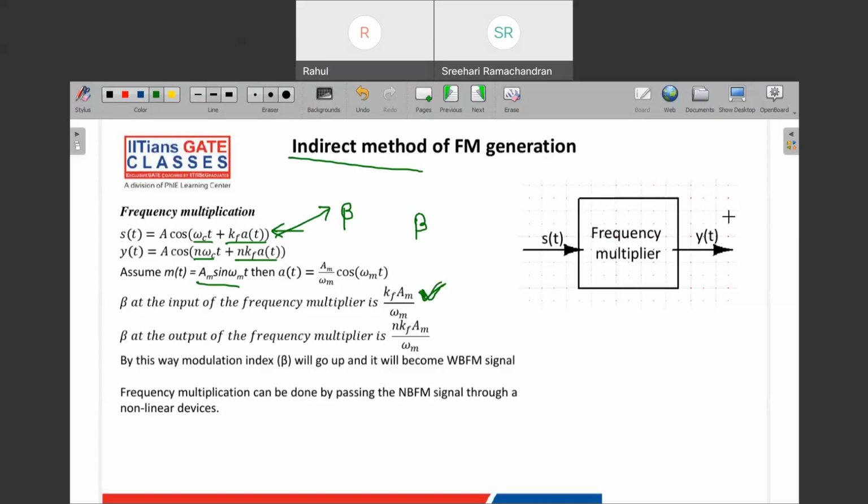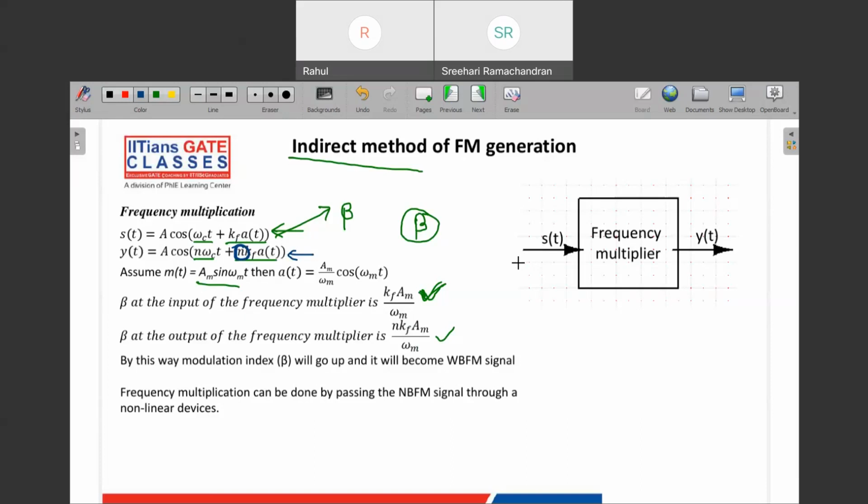For the output, the beta will be n times kf Am divided by ωm. So for the input, if you have some modulation index beta, at the output the modulation index gets multiplied by n, because of this n term here. The beta of the output y(t) will be n times that of the input s(t).